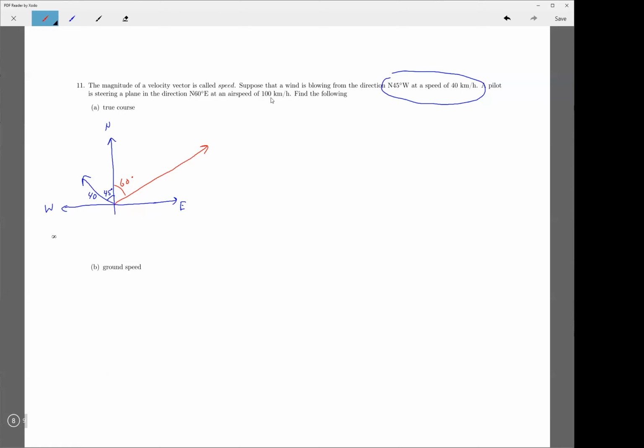Wait a minute. That sounds kind of weird. Can you even fly a plane at that speed? A 100 kilometers per hour. How many miles per hour is that?